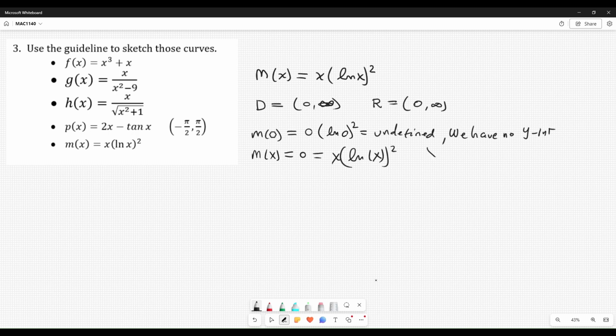One solution is 0, out of the domain. Another solution is logarithm of x equals 0, que es x equal 1. Yes, this is good. So we have one point, que es the point (1,0). It's our x-intercept. And we have no y-intercept, and one x-intercept at the point (1,0).